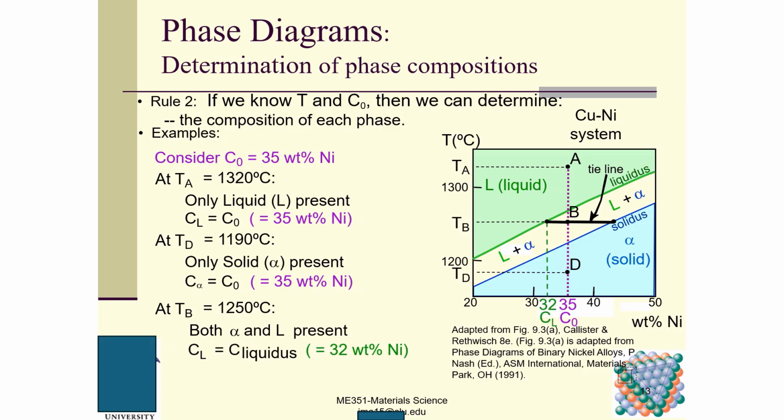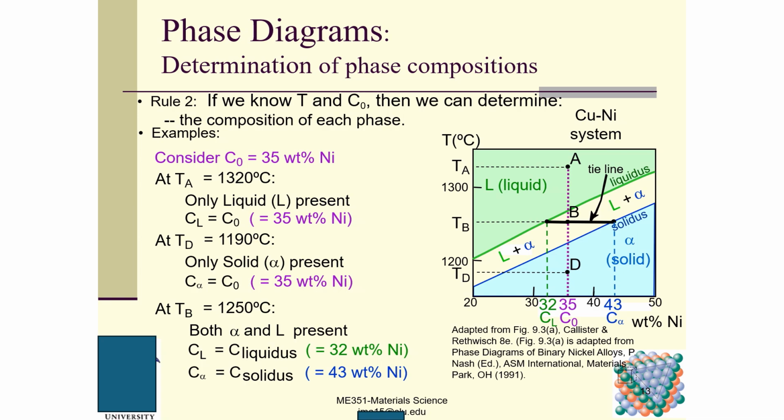And how do we do that? We draw a horizontal line. This horizontal line intersects this curve and this curve at two different points. C_L equals C liquidus, liquid here, equals 32% nickel. And for C alpha, we draw a vertical line down here, and this is 43%.